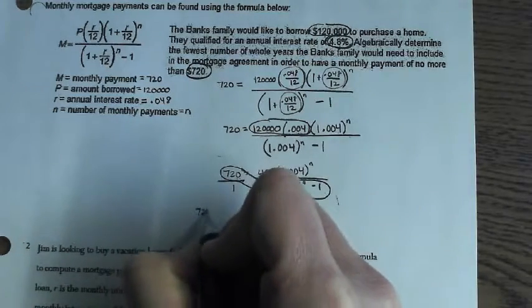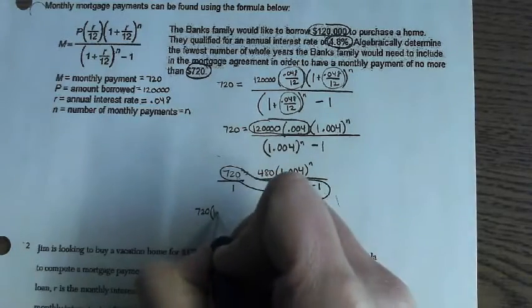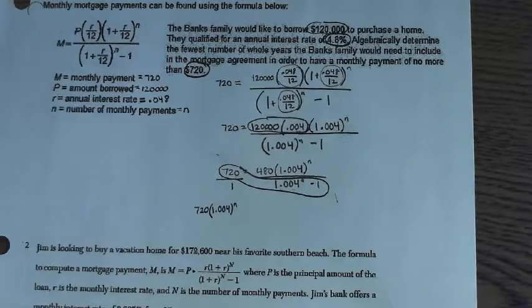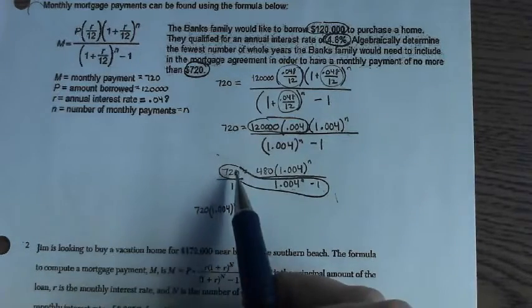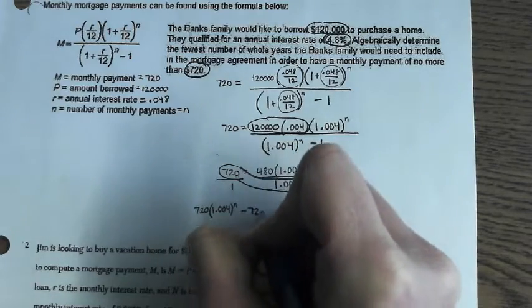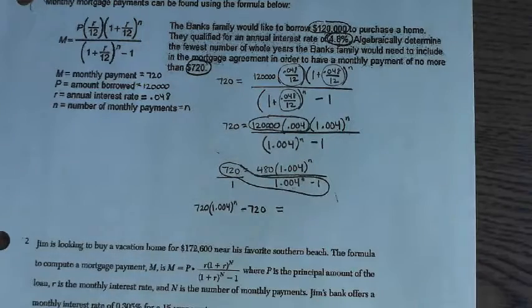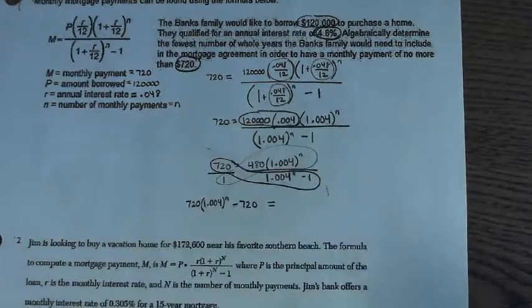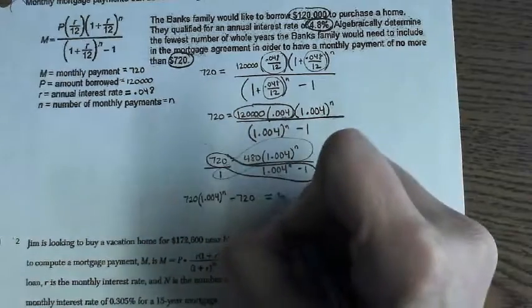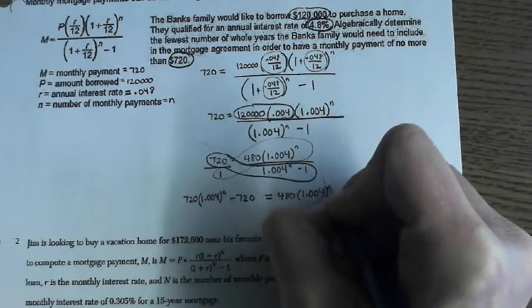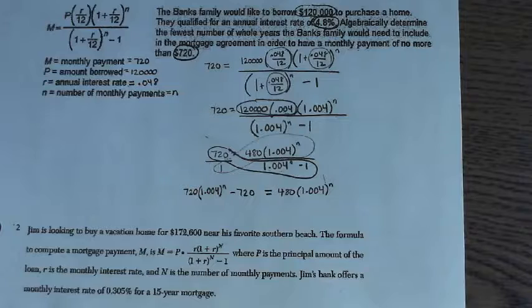So I just have to be comfortable leaving that 720 times 1.004 to the nth power alone. And then I can distribute the 720 to the -1 and just make it minus 720. So that's distributing. And then on the other cross multiply, I'm just multiplying by 1, so I'm not really changing anything. So far, so good?